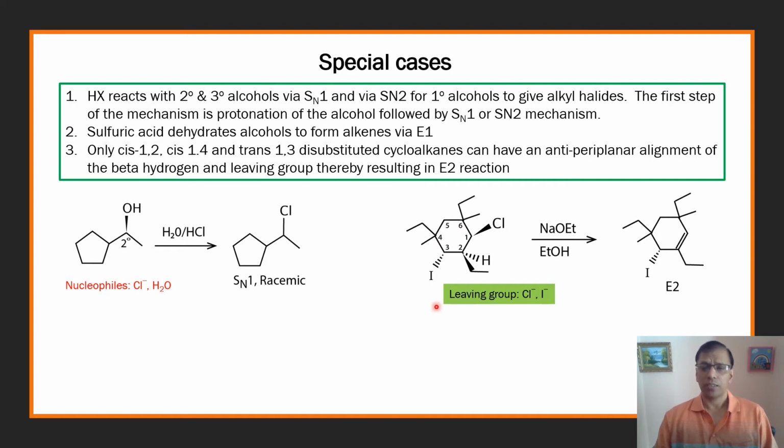If you recall that among the two leaving groups, chloride and iodide, iodide is a better leaving group because it can better handle the negative charge as compared to chlorine, because iodine has a larger atom size as compared to chlorine.